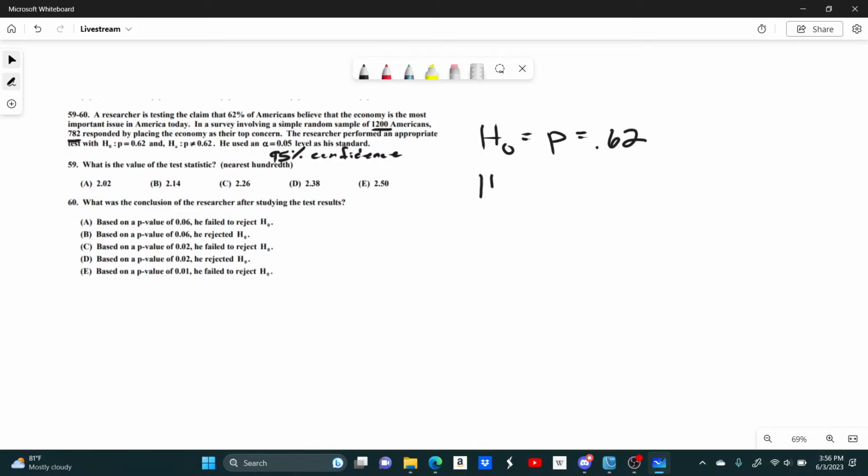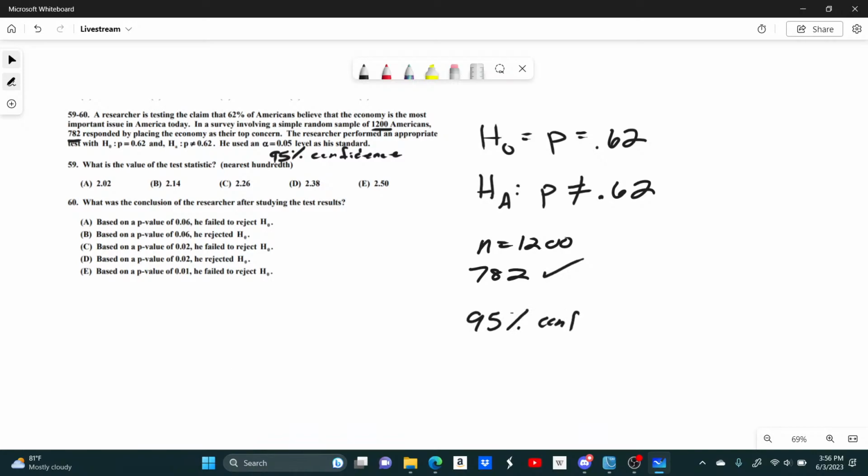And we're testing that against the alternative that it's not equal to 0.62. It also tells us that we sampled 1,200 people, and 782 of them said yes, this is the most important issue. And the last thing is we have 95% confidence.